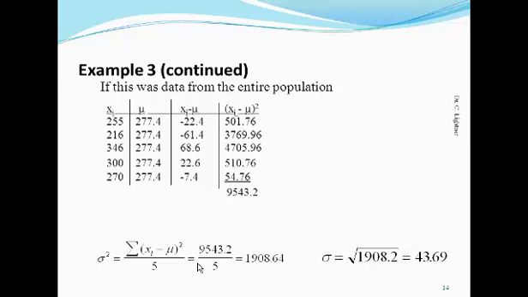For the population variance, the numerator is still the sum of the last column. However, the denominator is capital N. Since we have n equals 5 data values, our denominator would have been 5. So our population variance is 1,908.64. We obtain the population standard deviation by taking the square root of the variance and get 43.69.